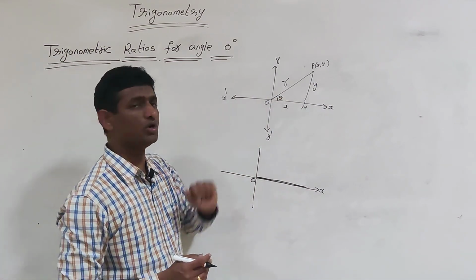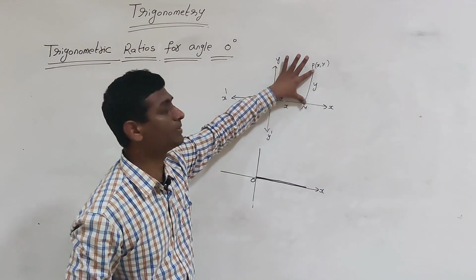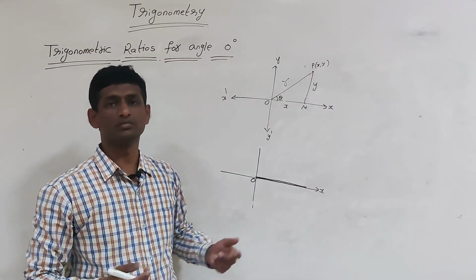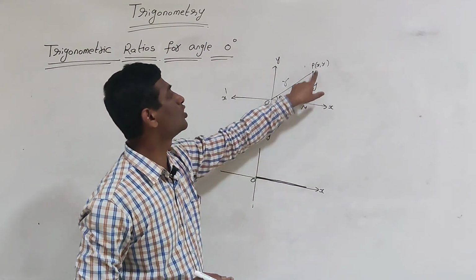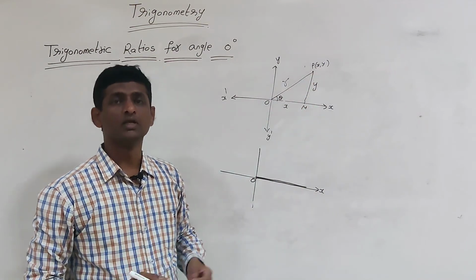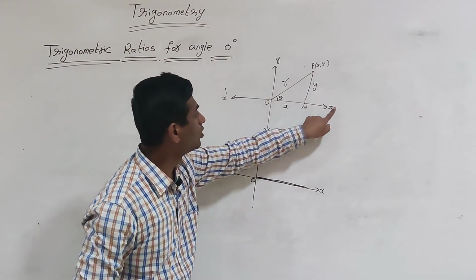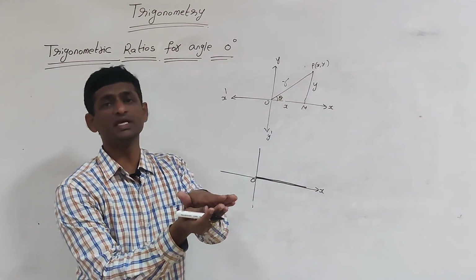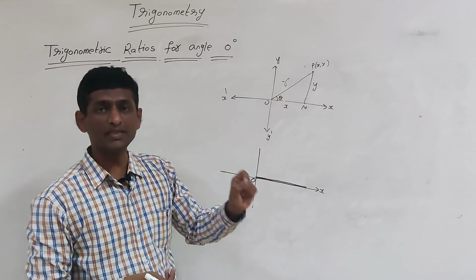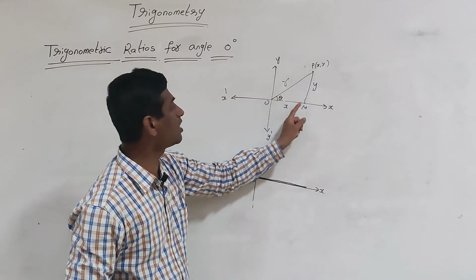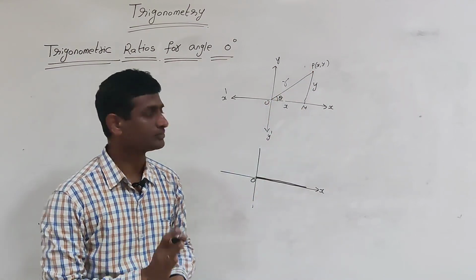If theta is 0, can we have the perpendicular line? No. So there will be no perpendicular line, and OP and the initial ray will be the same. The length of OP and the length of OM will be the same.